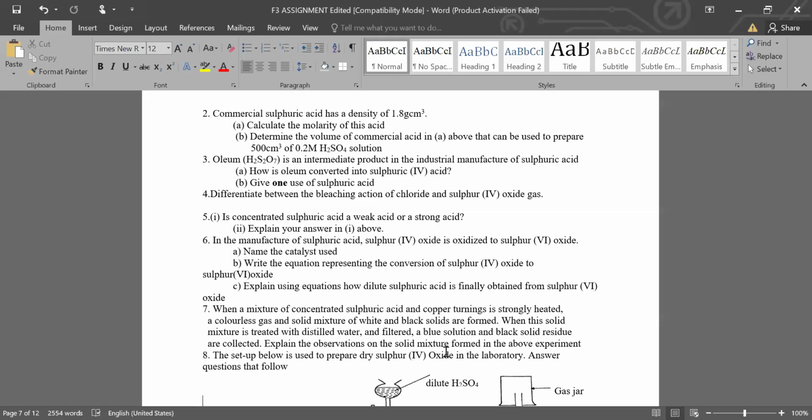In that part of the contact process, that is the manufacture of sulfuric(VI) acid, once from the catalytic chamber, the sulfur(IV) oxide is reacted with oxygen to form sulfur(VI) oxide.